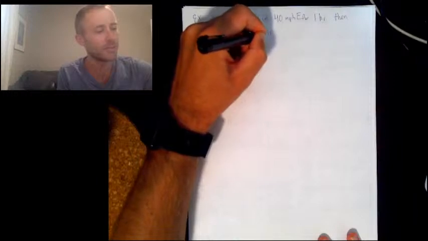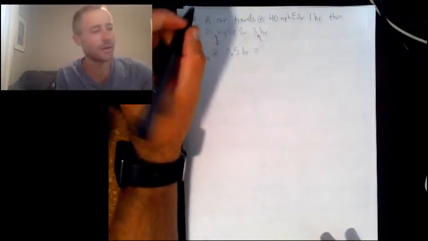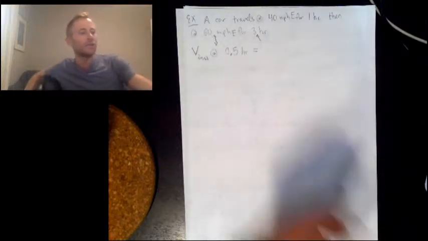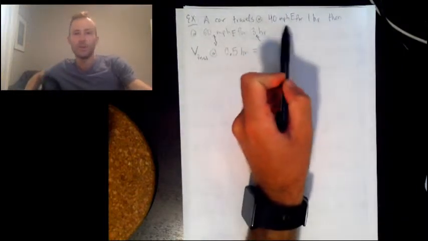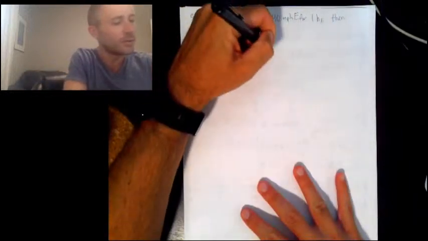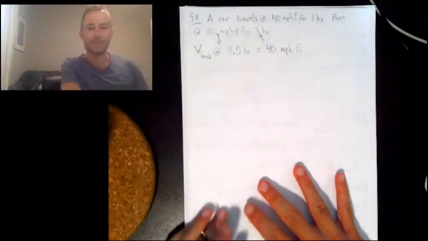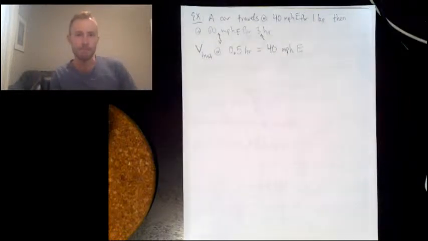This is a velocity and this is a time. So the question actually just straight up gives you the answer, because half an hour into the journey is when you were going 40 miles per hour. So the answer would be 40 miles per hour east. Okay.